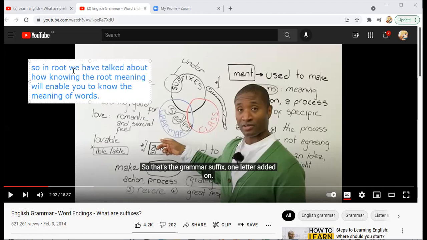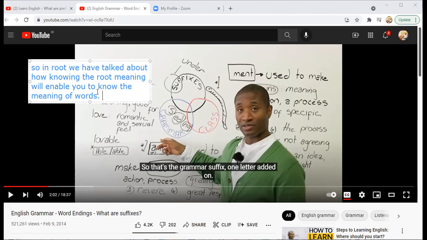Jadi kan kita waktu belajar tentang mendiskusikan tentang root ini, kita kan sudah membicarakan bagaimana kalau misalnya mengetahui meaningnya, artinya dari root word itu akan membuat kamu bisa enable. Able itu bisa, okay? Enable you to know the meaning of words. Jadinya itu bisa membuat kamu itu mengetahui meaning of words itu. Secara garis besar begitu ceritanya.